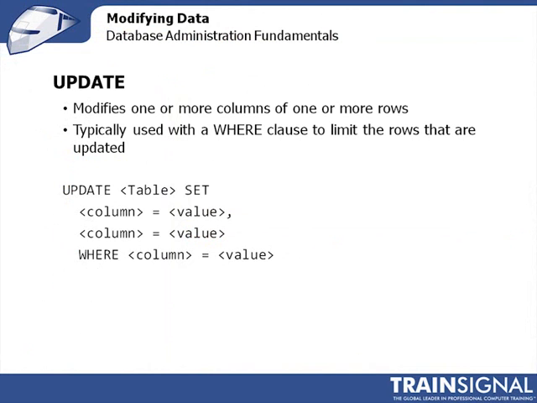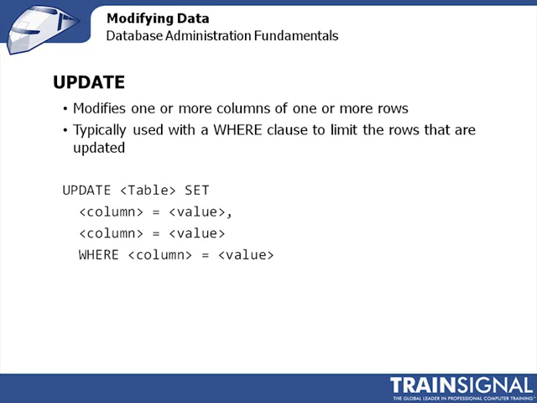Next up is the update command, and this modifies one or more columns of one or more existing rows. Typically, this is used with a where clause to limit the rows that are updated. For example, update, and then the table name, and then the keyword set. What follows next is a comma-separated list of column and value pairs.